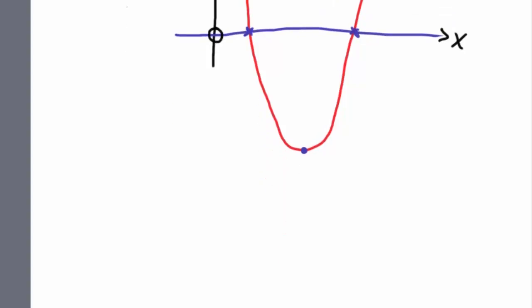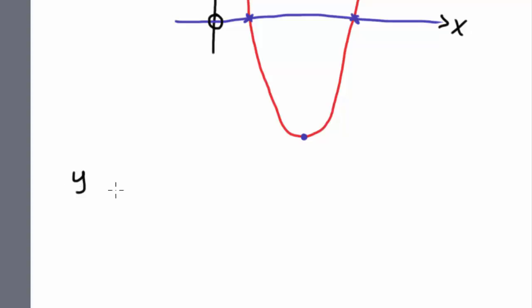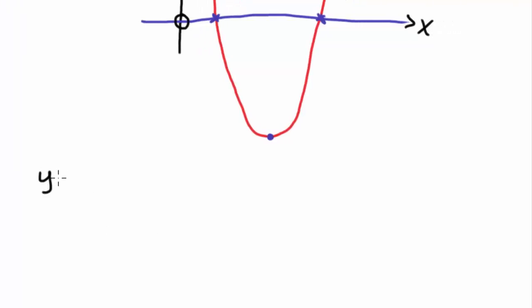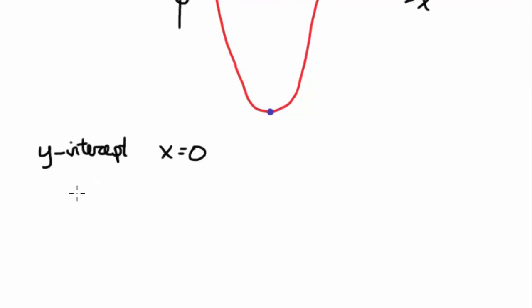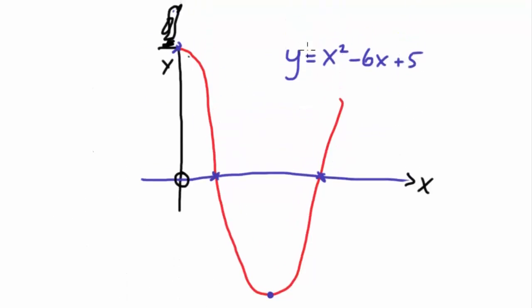So if you look at the equation, y equals 0 squared minus 6 times 0 plus 5, we've got a y-intercept of y equals 5. Okay, so the coordinate for that would be (0, 5).